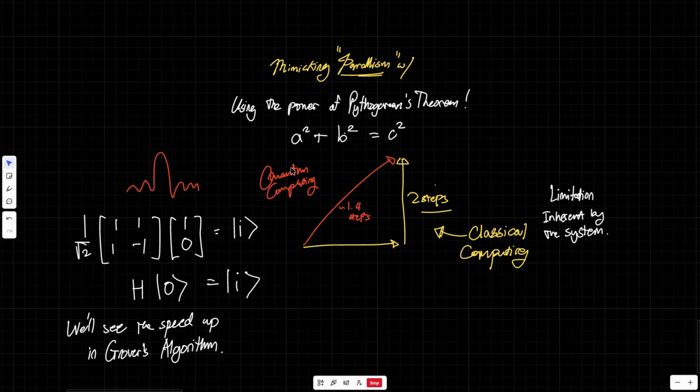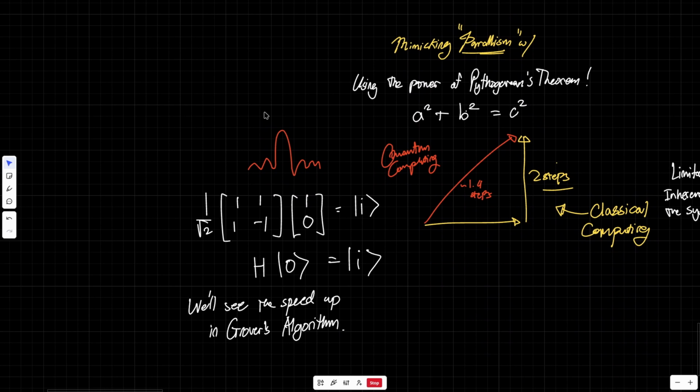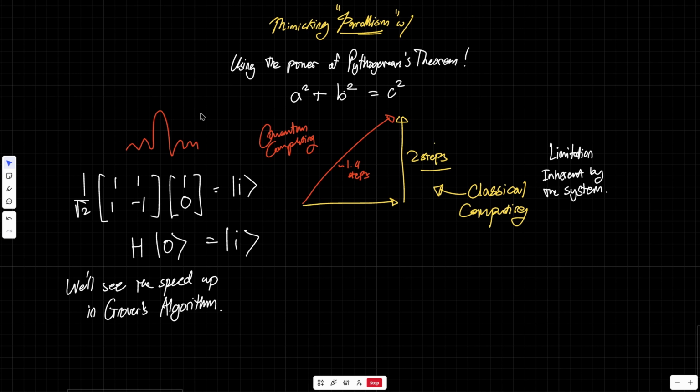It mimics the power of parallelism using the power of Pythagoras's theorem. While in classical computing you're limited to a certain range of solutions, because quantum computing bases itself on linear algebra and complex vector spaces, you're able to promote the probabilities of getting the right answer and find new spaces to explore, solutions that are not possible in classical but are very possible in quantum computing.